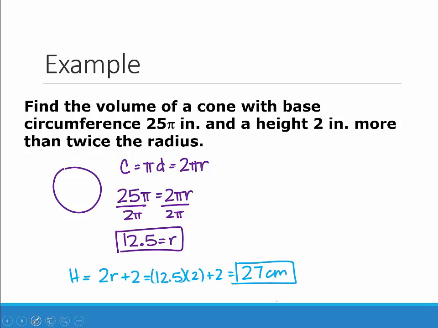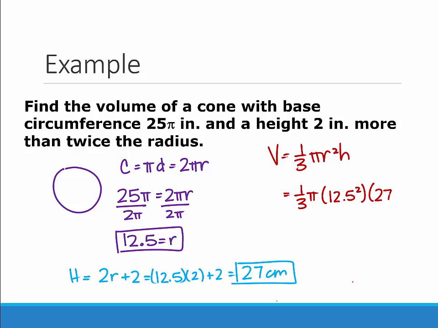So now we have everything we need to plug into our formula. Volume equals 1/3 pi r squared h. So 1/3 pi times our radius, which is 12.5, and we gotta square it, times the 27 that we just found. So 12.5 squared, and then we multiply that by 27, and then by 1/3.